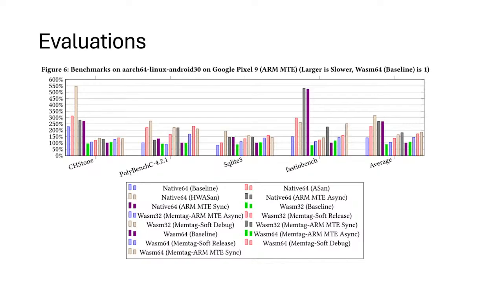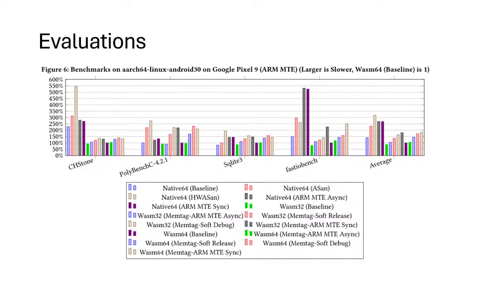How much overhead? Let me check the paper. It's going to be 72.38% for the pure software implementation of WASM, but if you have ARM MTE, the overhead is 18.5%. You can read it in the abstract.